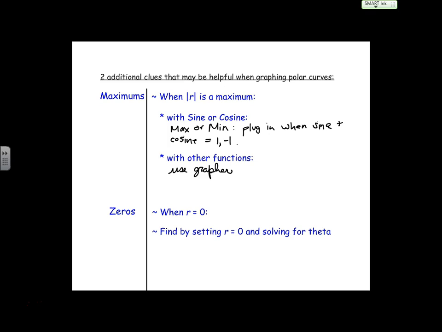For the zeros, when r is equal to 0, we take what r equals, which is f of theta, set it equal to 0, and solve with our trig knowledge. Maybe you'll do some inverse trig to solve. Or maybe it'll just show up in our table when we're graphing.